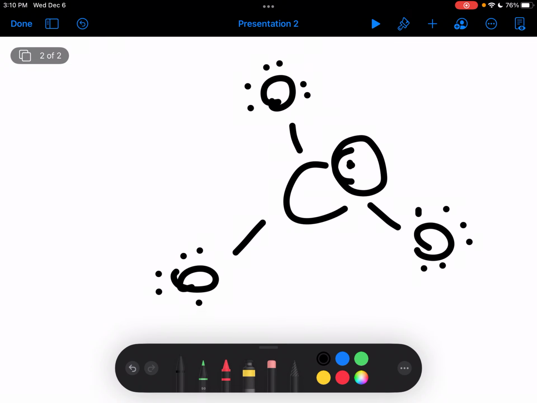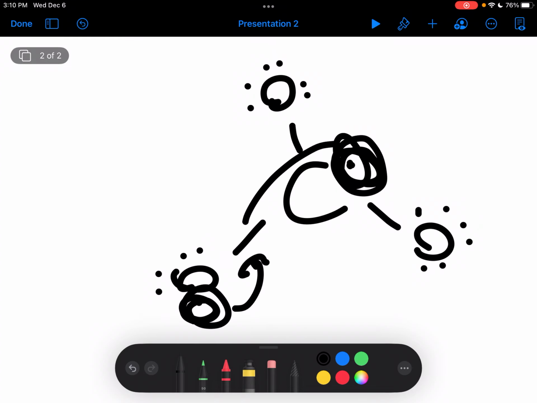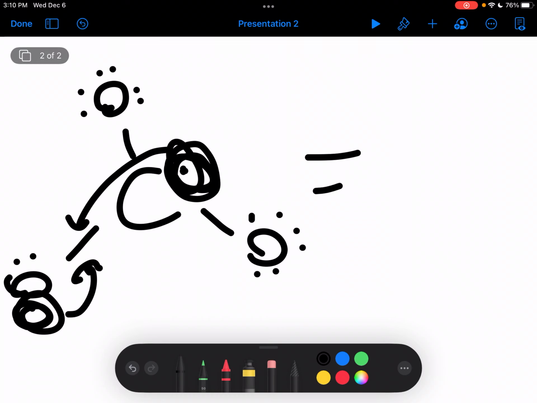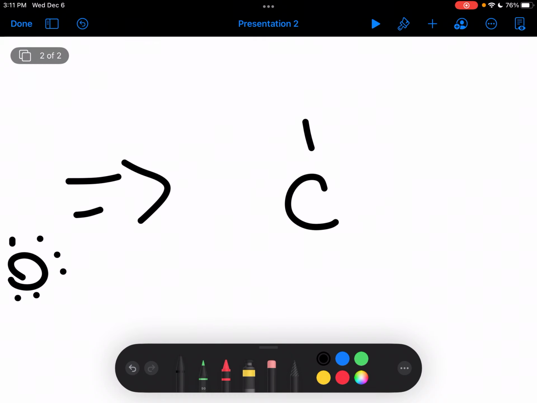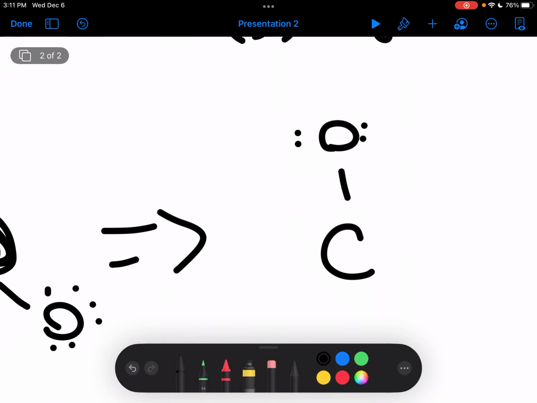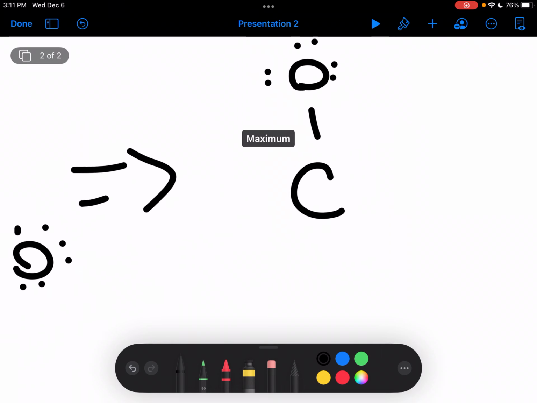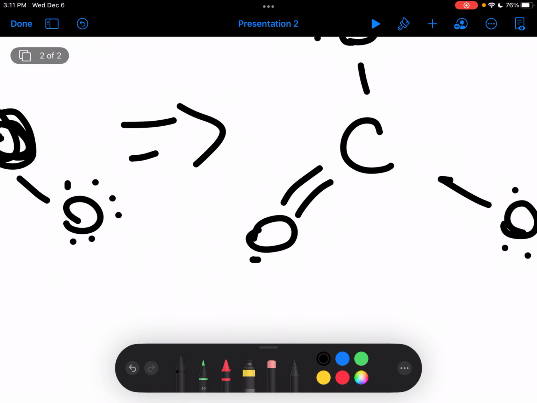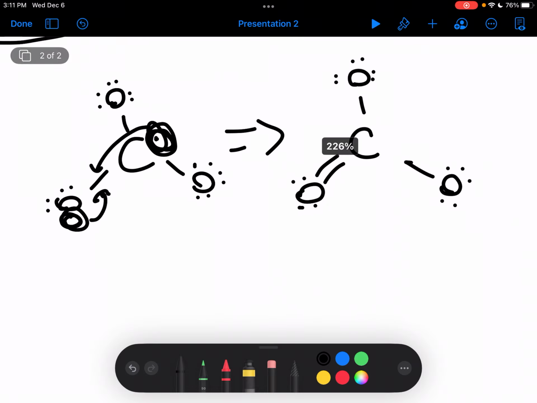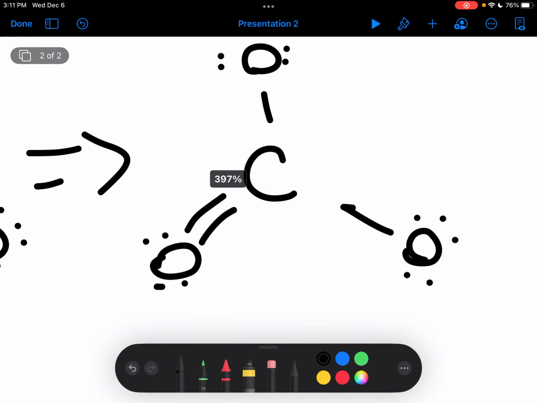This carbon with this lonely electron and this oxygen with this lonely electron can meet at this bond and create a double bond. So that double bond is created.